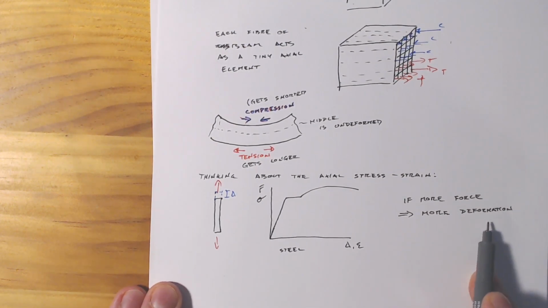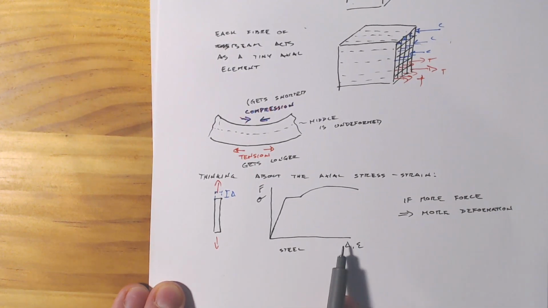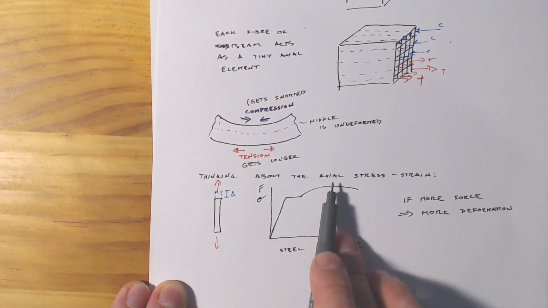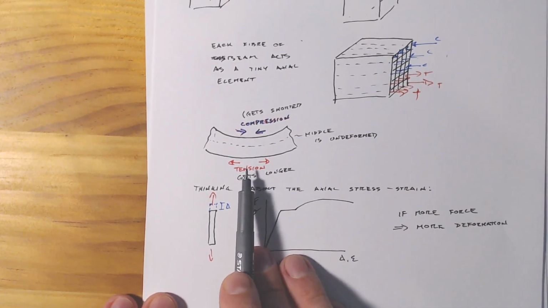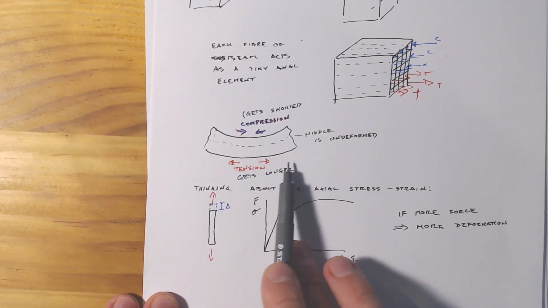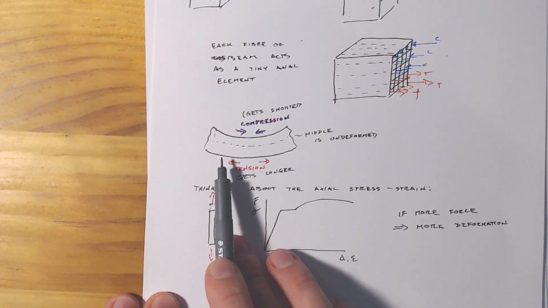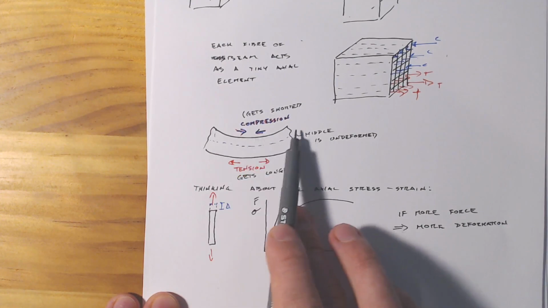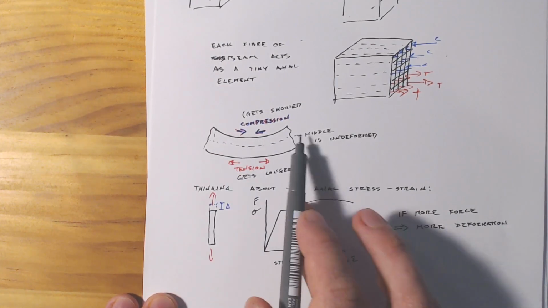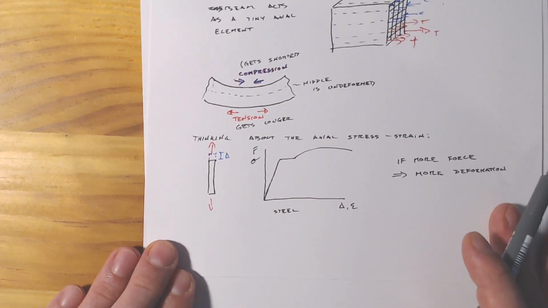If we've got more deformation, we have more force. So the further that we go along the deformation axis, the horizontal, the more force we have. So we know that we have the most deformation in tension at the bottom of the beam and the most deformation in compression at the top. And in the middle, there's no deformation.